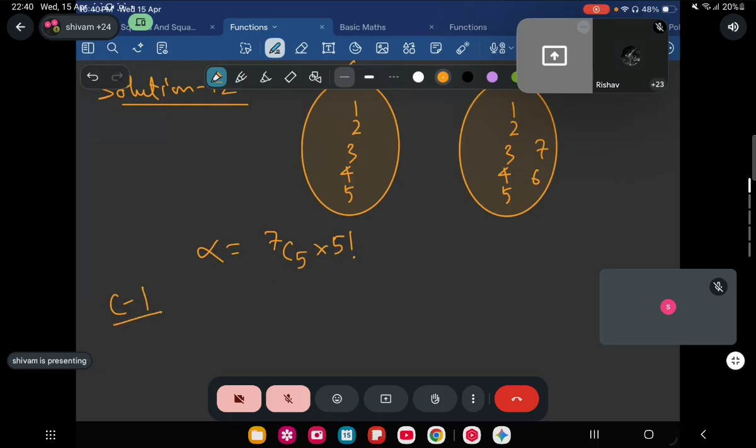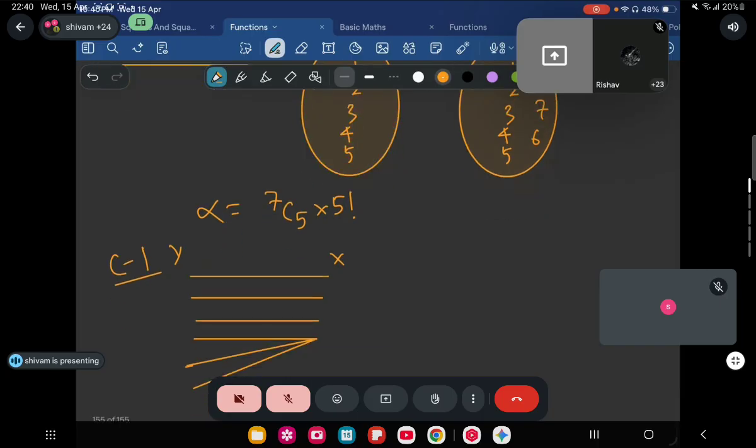So over here, what cases can happen? Case one. It can happen that one of the ways to map from Y to X, this is Y, this is X, is that 3 elements are mapped to only one element.